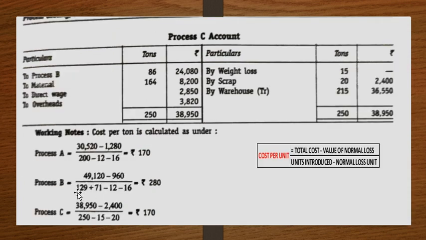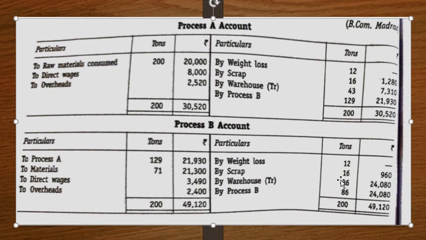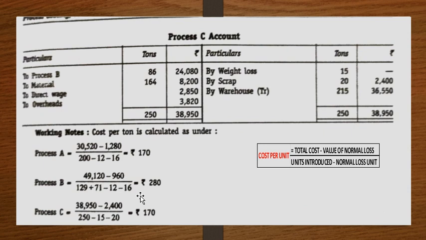This is the total tons, which will give you 200 tons. So out of this 200, we will minus the weight loss tons and scrap tons to find the cost per unit. So minus 12 and 16. The numerator value will be 49,120 minus 960, which will give you 48,160.